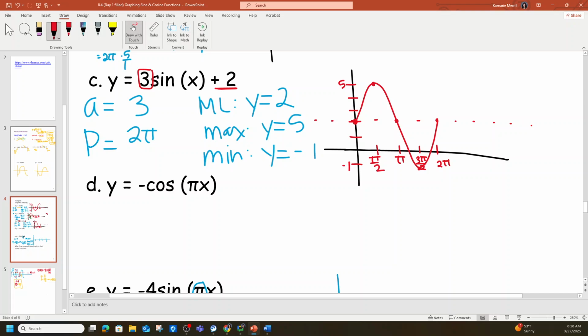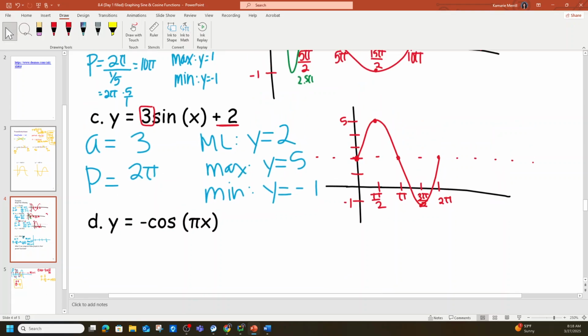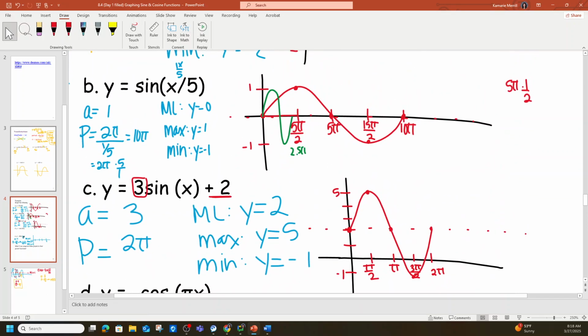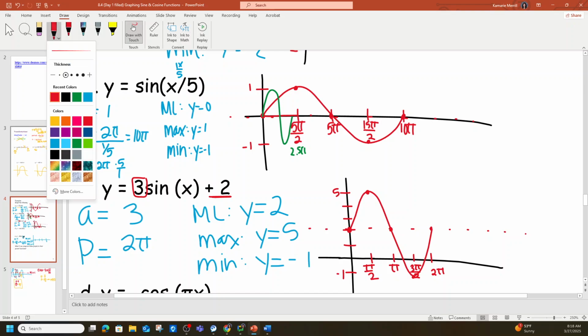I want to do 2 periods worth on one of these. Let's go up to this other one actually, because I don't love how ugly that x-axis is, but it's good practice.